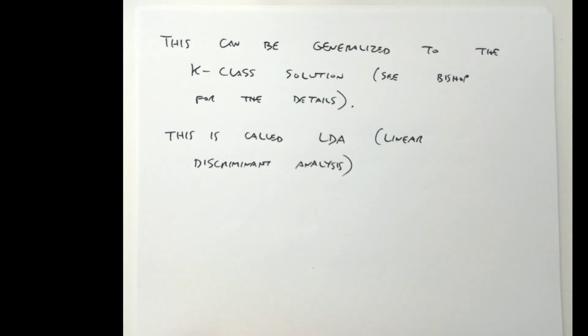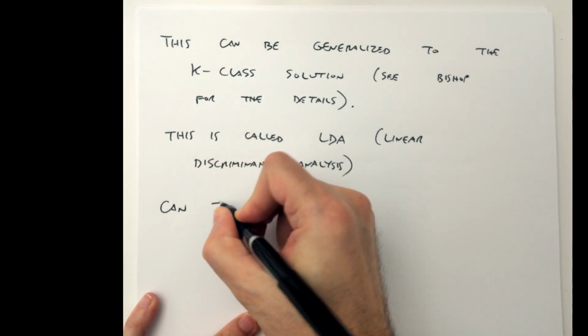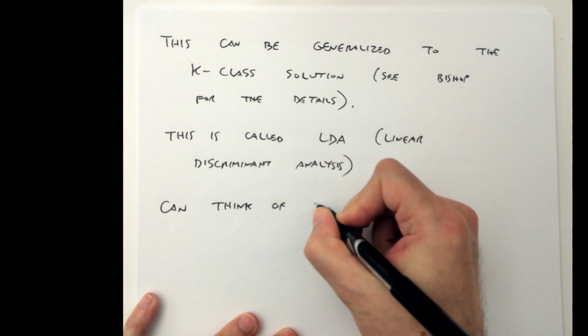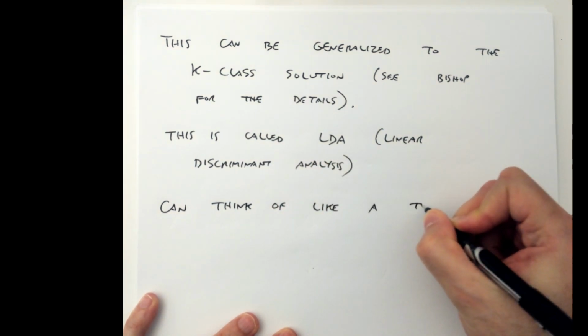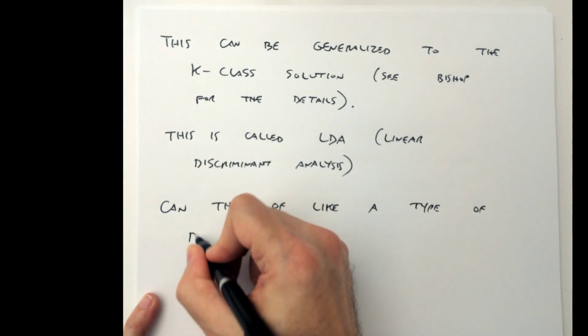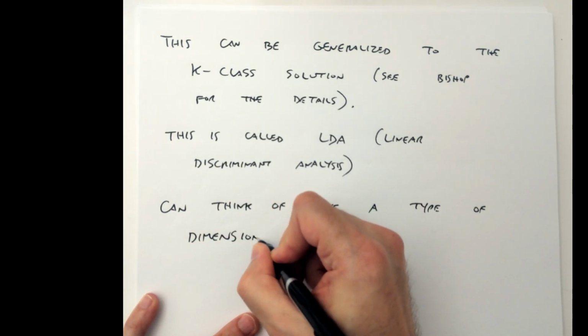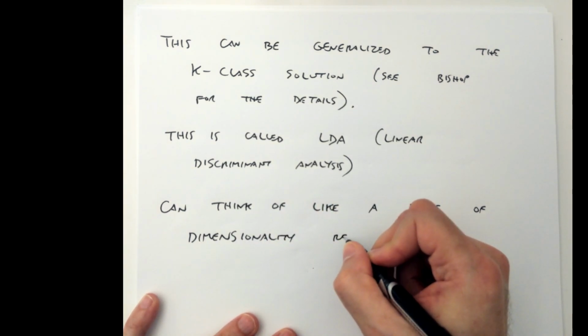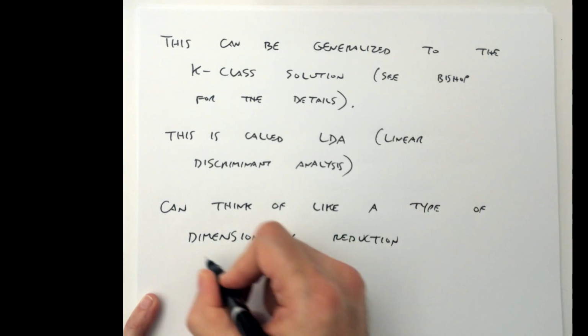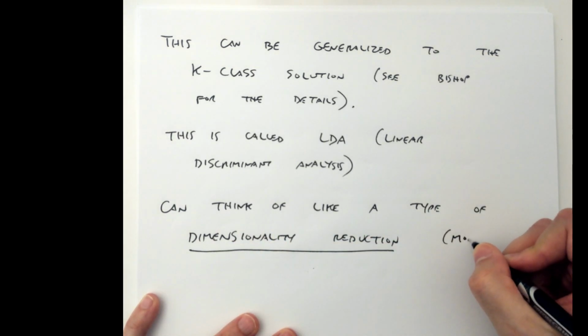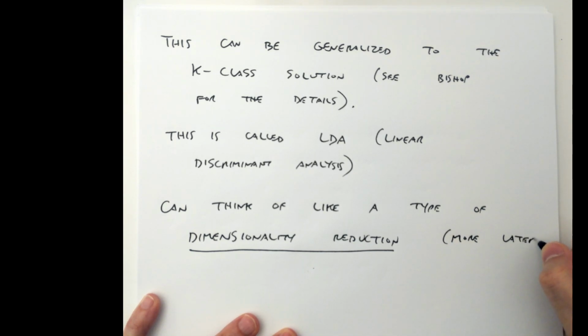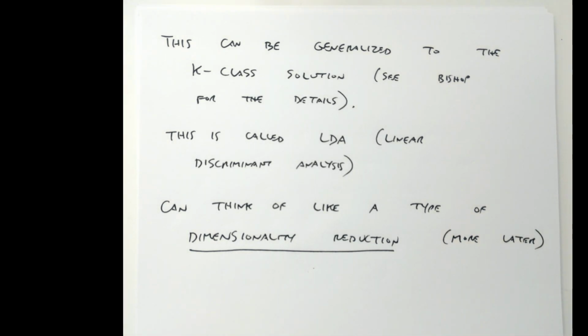So we can think about this like a type of dimensionality reduction, which we're going to talk about more later. If you've ever heard of principal component analysis, for example, it's another type of dimensionality reduction we'll spend a whole lecture on. What I'm doing here is taking a 10-dimensional space and reducing it down to 1 dimension, right? So that's one thing.